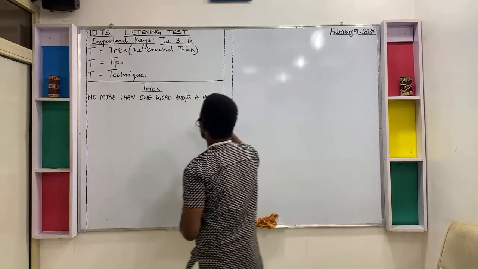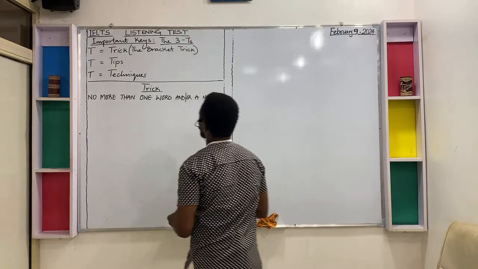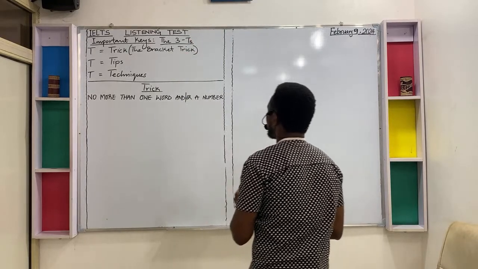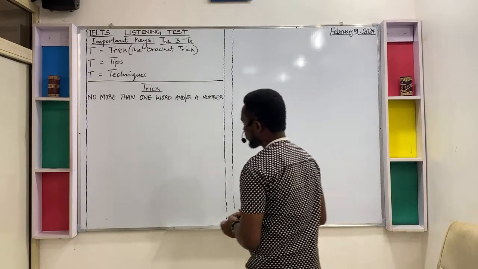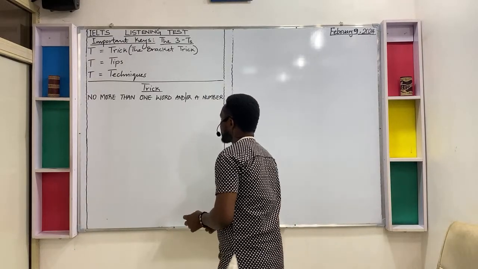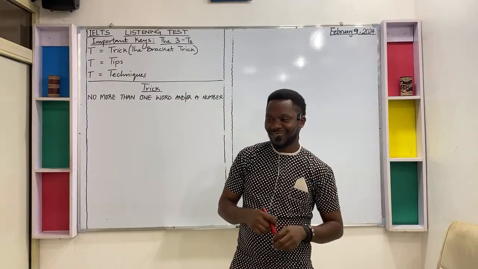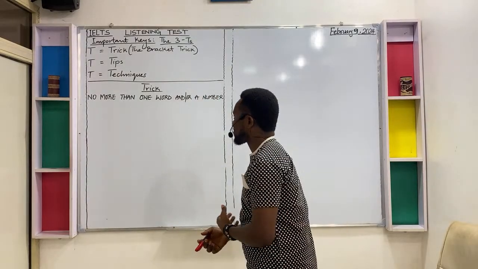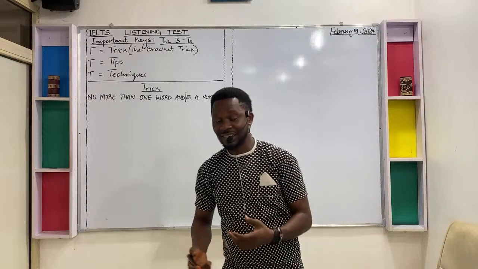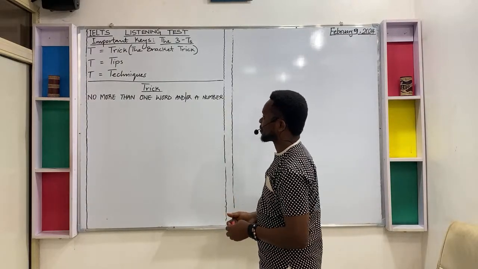And these T's are trick, which is also called the bracket trick, then the tips, as well as the techniques. Let's begin with the trick. Of course, when you hear trick, it means a way to maneuver situations in a way that is not harmful but beneficial to us.